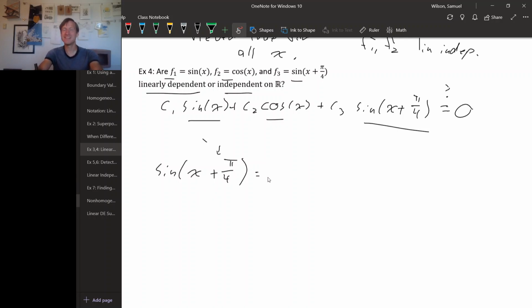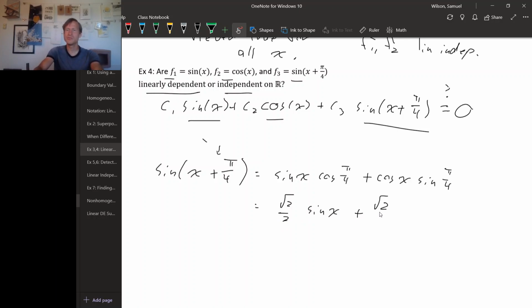If you use the sum identity for sine, it gives you sine of x times cosine pi over 4 plus cosine of x times sine of pi over 4. So this is root 2 over 2 times sine of x plus root 2 over 2 times cosine of x.